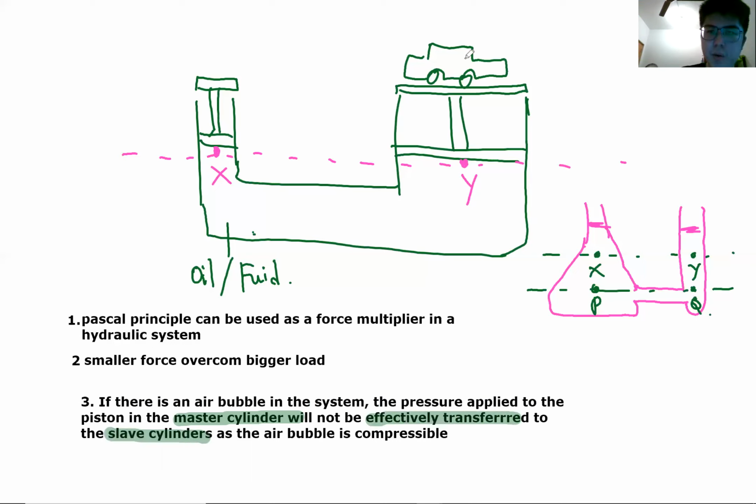For example, this bigger one is the slave cylinder and this is the master cylinder, as the air bubble is compressible.